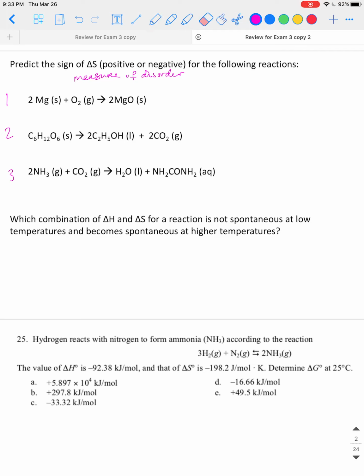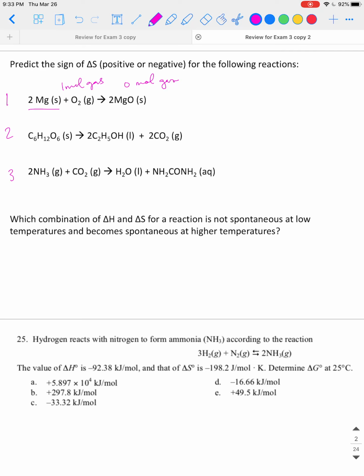So I need some space to write, so I'm going to erase this. I'm just going to go through on this first one. We have 2 moles of a solid, and we have 1 mole of gas. And then on the other side, we have 0 moles of gas, and we have 2 moles of a solid.